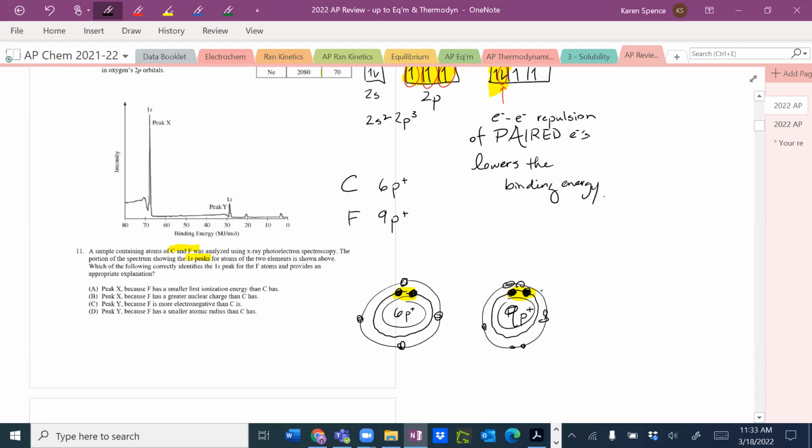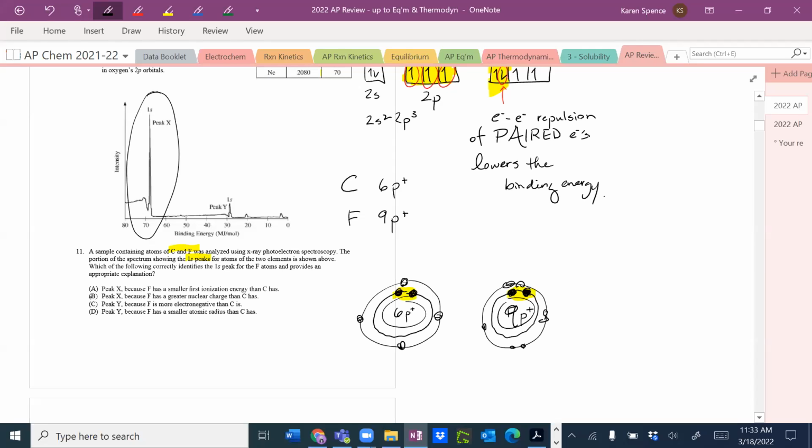Okay, so this one here is going to be fluorine. Why is the peak higher though? Okay, I'm a little confused by that, but it's because fluorine has a greater nuclear charge than carbon.